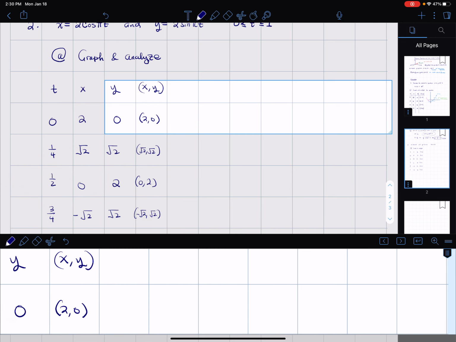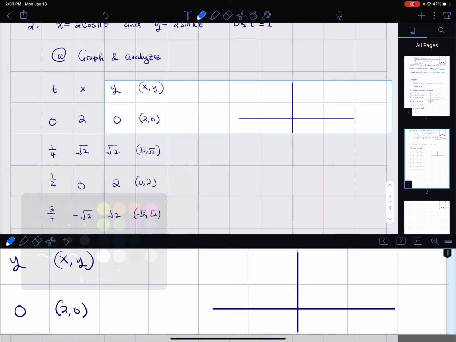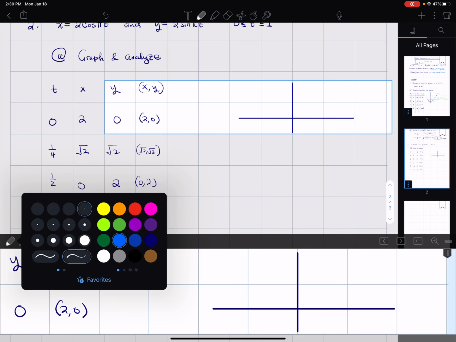So let's have our y-axis and then x-axis. Okay, so let's start when t is 0. So first of all, let's choose values.